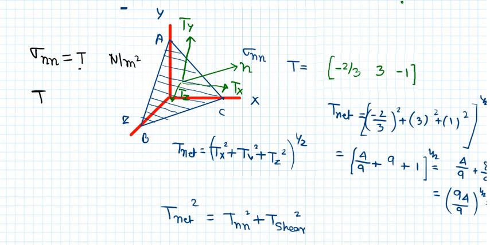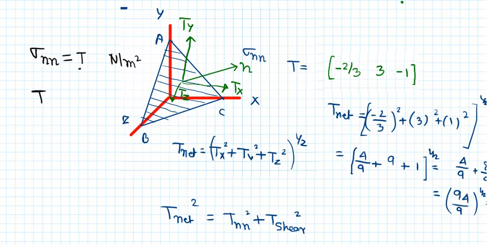Okay, so now this is the force normal to this. Now we have evaluated Tx, means force along x direction, y direction and z direction. Now can we find, because these are all forces acting in a respective direction, x, y, z coordinate system, we can of course find out the net force.